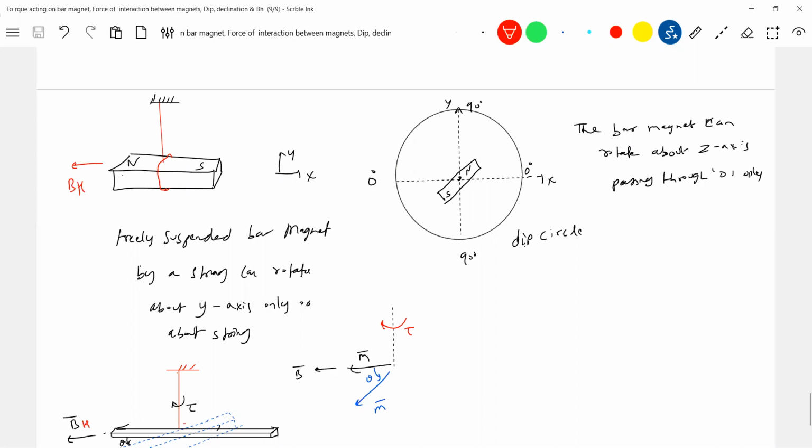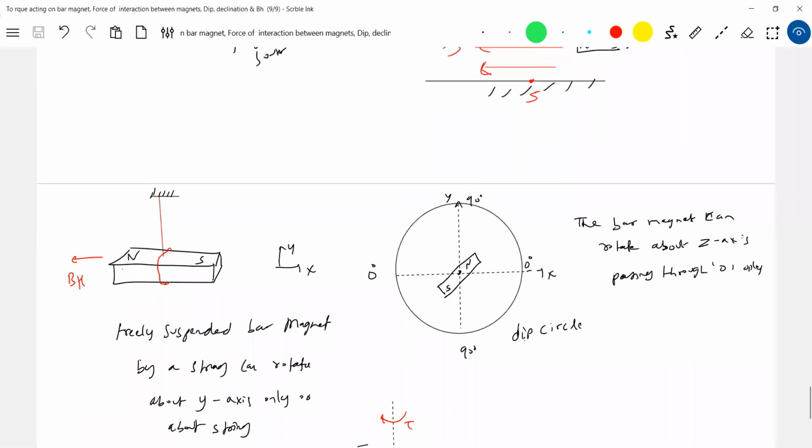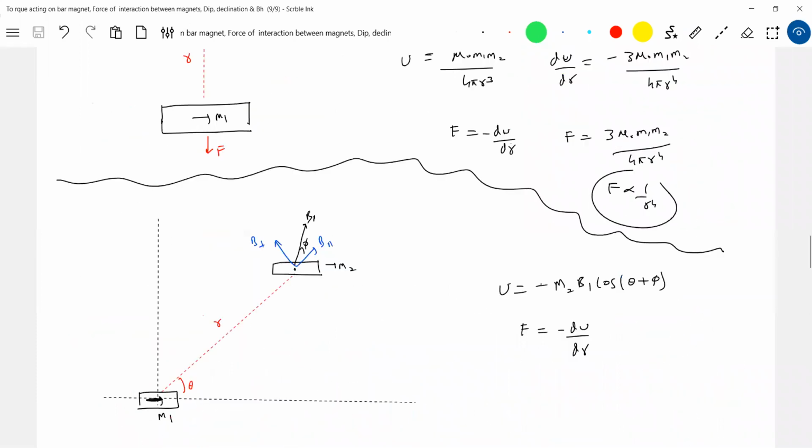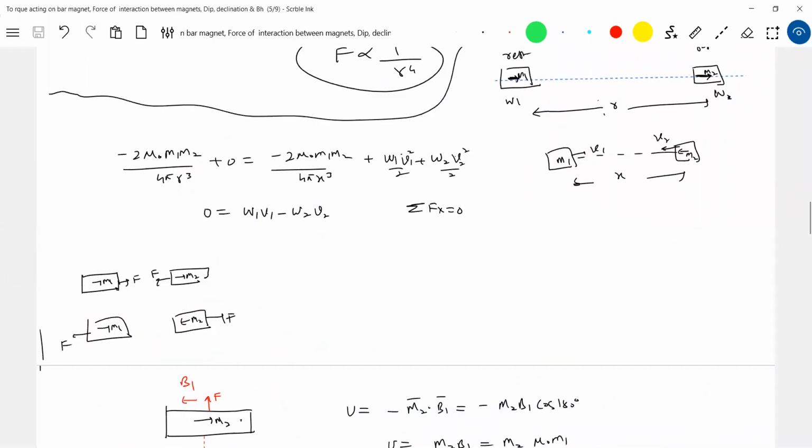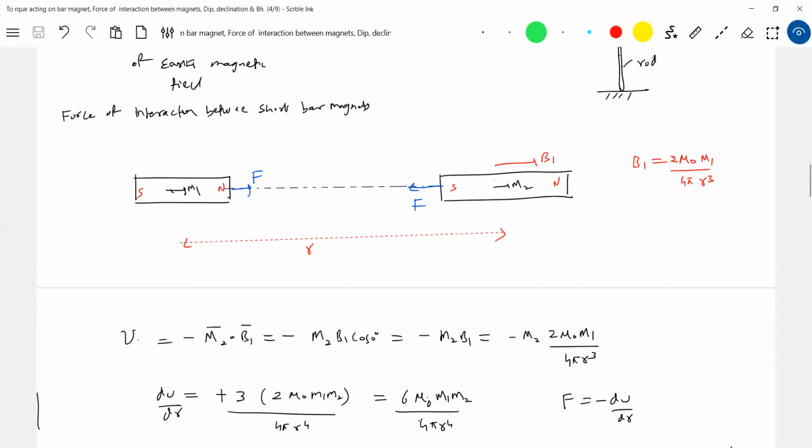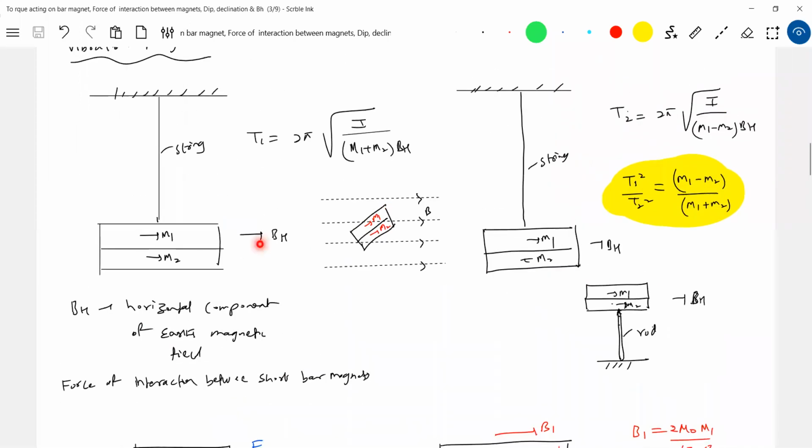Can I find out this horizontal component of the Earth's magnetic field? Yes. Using what? Vibration magnetometer. I wrote BH. So all these are interlinked. So how to measure BH? It's very simple. I know M1.